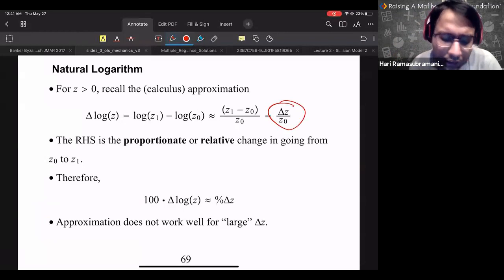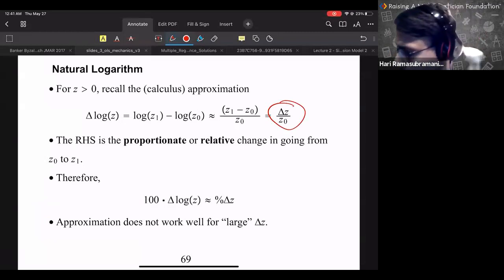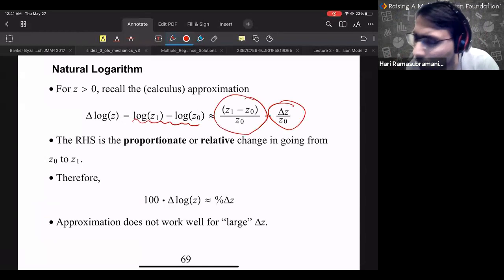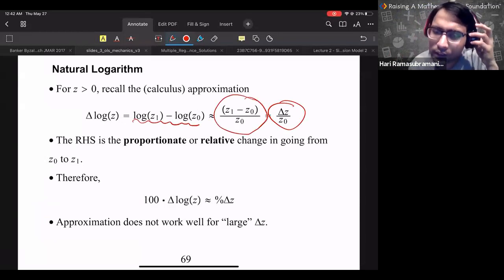Change in log z is log z1 minus log z0, right? You take some value of z and you subtract the original value. And note that log z1 minus log z0 is approximately equal to z1 minus z0 divided by z0, which is change in z divided by z0.